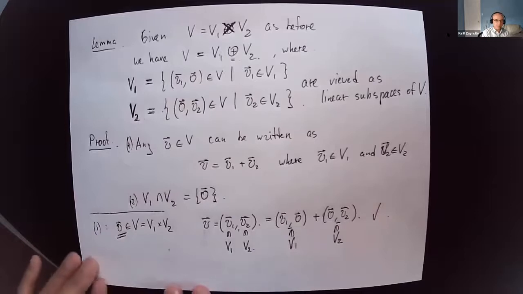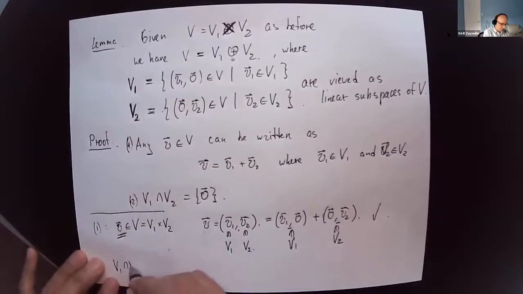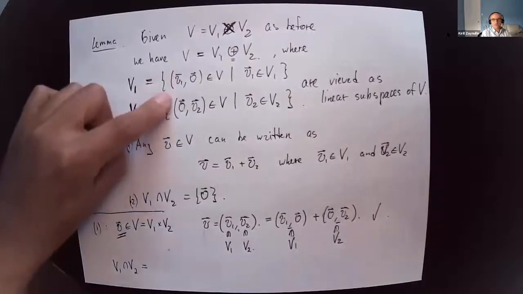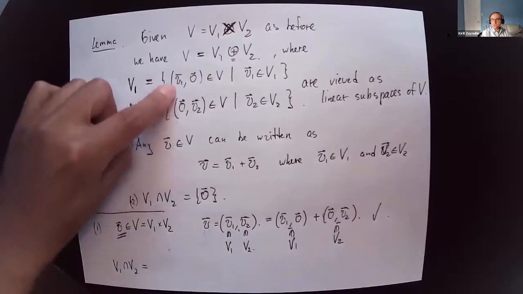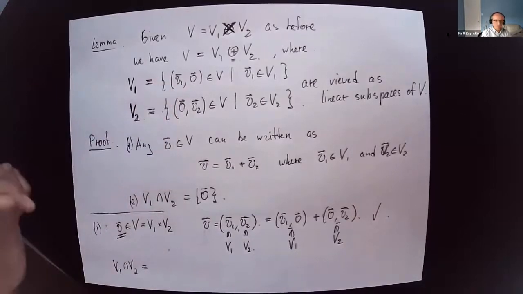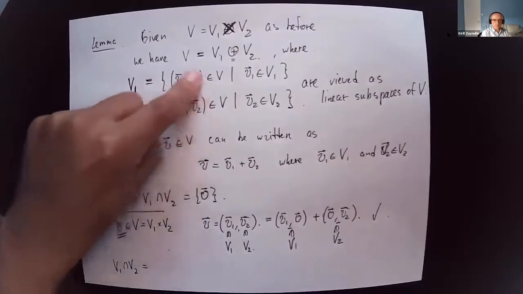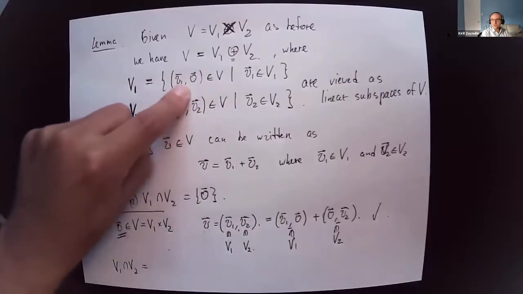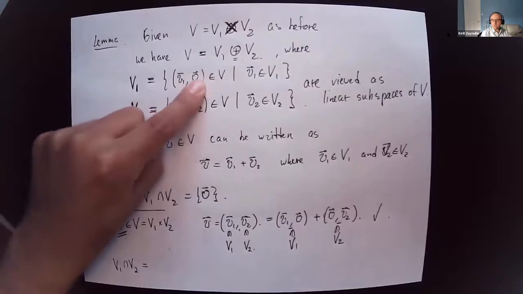Now, what about the second one? Well, for the second, it's also okay. So let's look at the intersection. So what's this? Well, let's just look at this description of those vector spaces, of those subspaces. What do we see? Well, the intersection is just a vector which has the second coordinate 0, right?